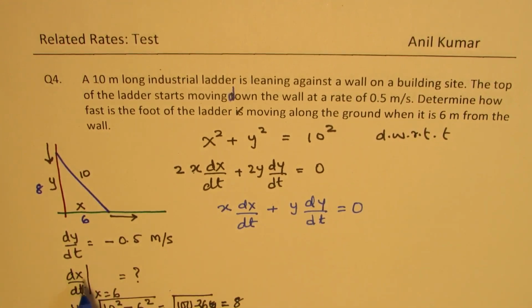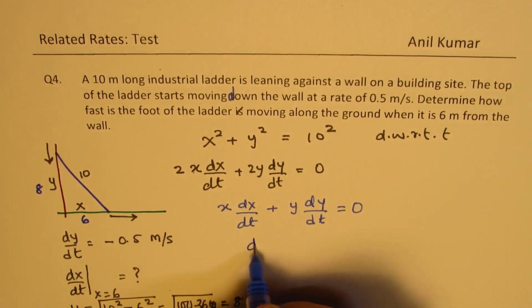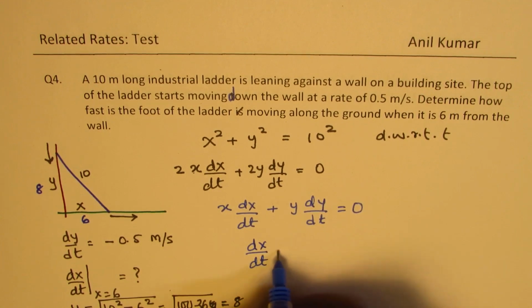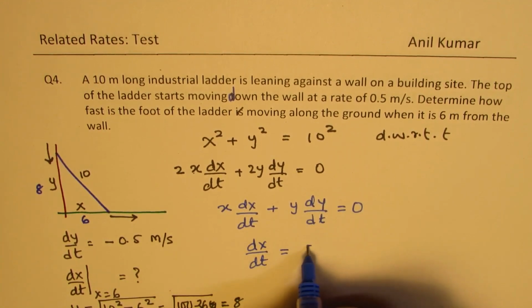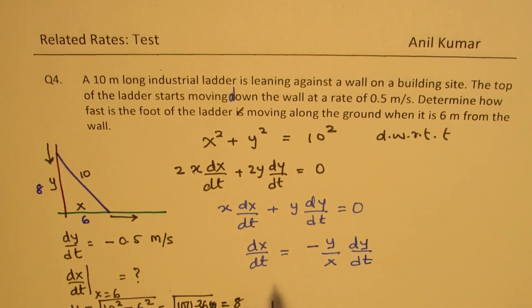Since we need to find dx/dt, let's isolate this. So we have dx/dt equal to minus y over x times dy/dt. We know x, y, dy/dt, so we can always find dx/dt where x is equal to 6.